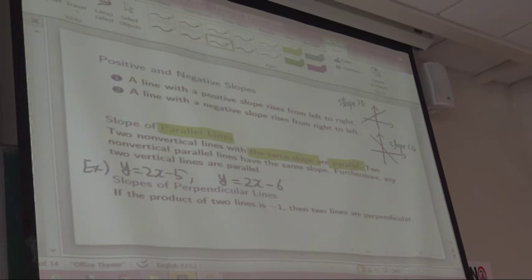The coefficient of x tells us the slope of the line, and when they are the same, the two lines are parallel.